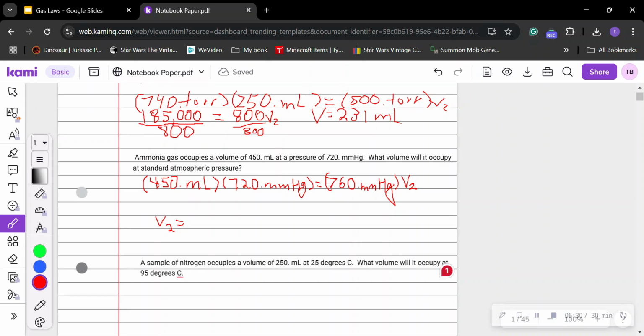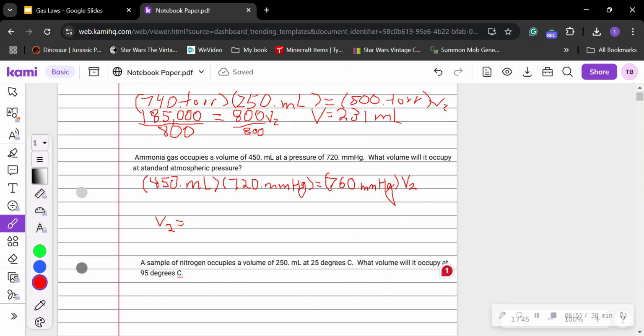You'll have to know this, and you'll have to memorize this as well. So standard atmospheric pressure is always going to be 1 atm, 101.3 kilopascals, 760 millimeters of mercury, or 760 torr.